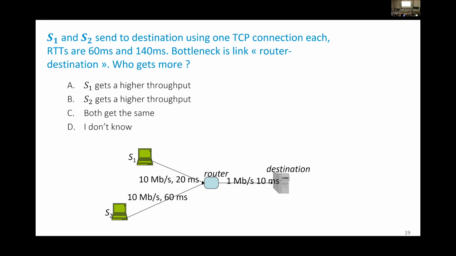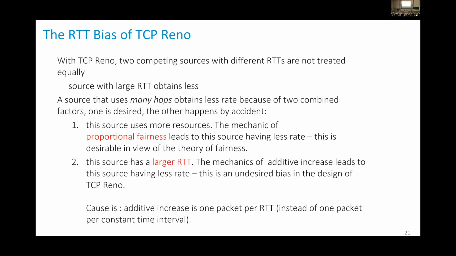Which means that if you access a congested network or bottleneck, and there is always a bottleneck somewhere in the internet, if you access the bottleneck link from closer, you get more. That's the bias of TCP, at least the standard version of TCP, against long round trip times.